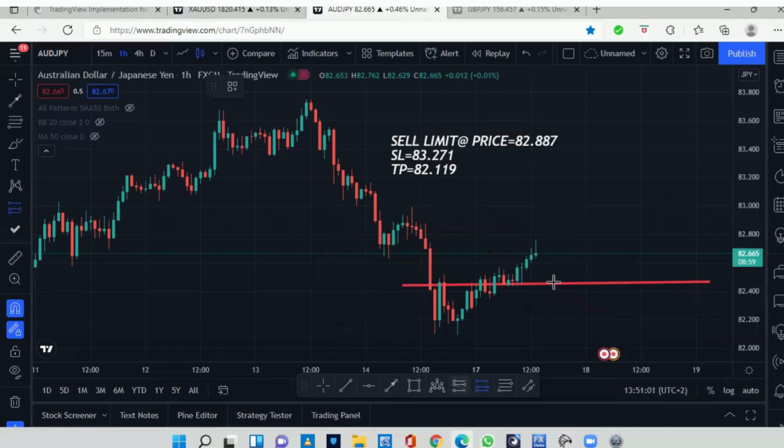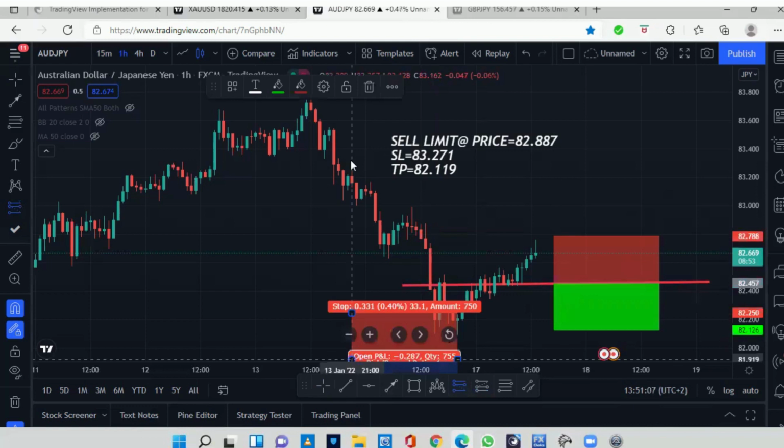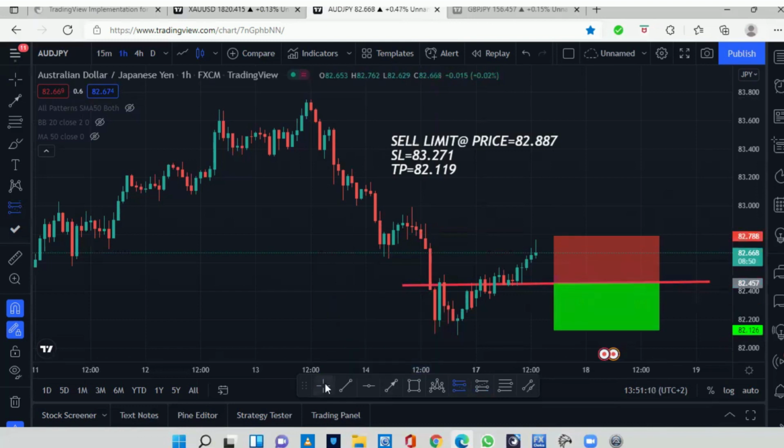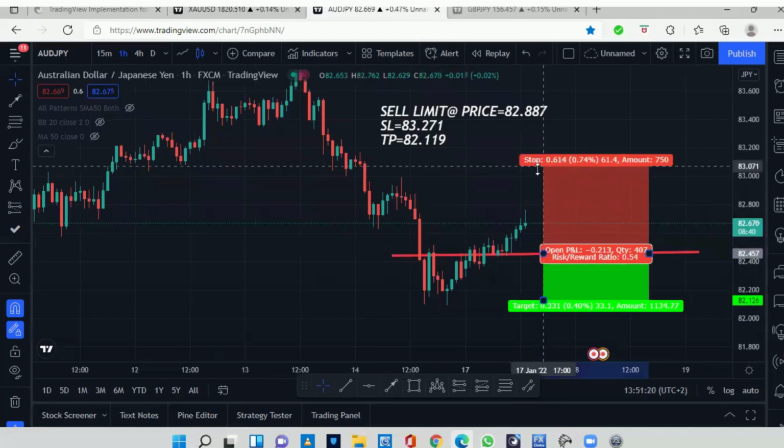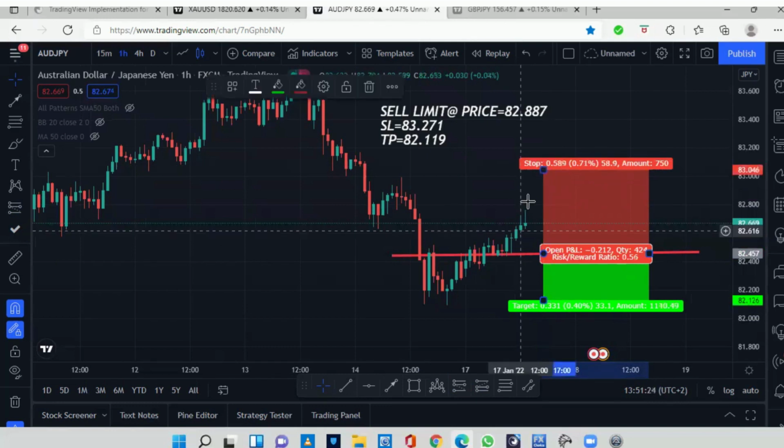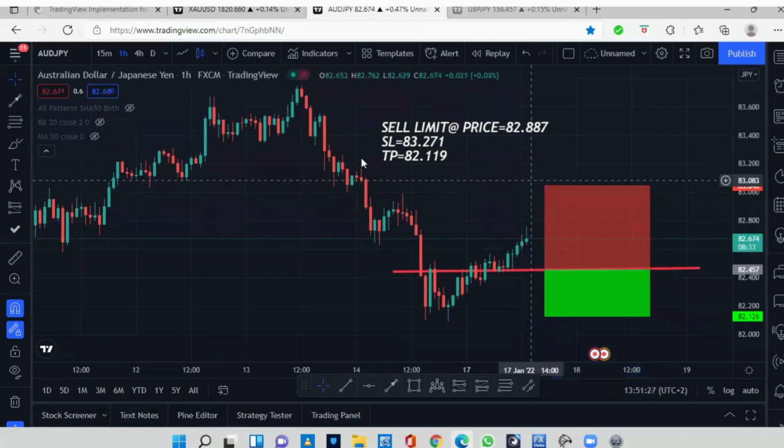So if price hits our order here, price has to be here. And our stop loss, for argument's sake, remember, this is not always where I put my stop losses, but just to be practical, I would put it above the most recent high, because this is a downtrend.